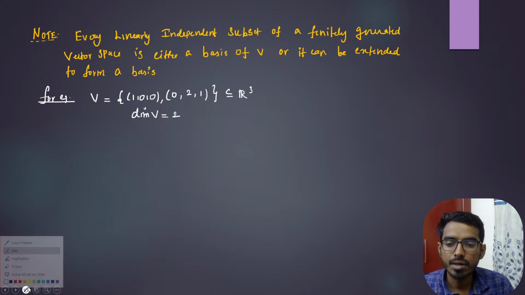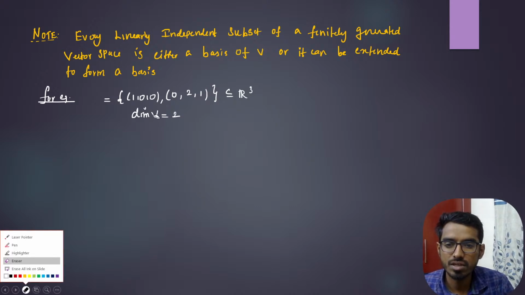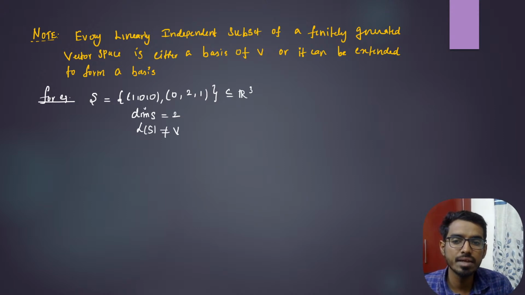But let us consider S. The linear span of S is not equal to V, because the linear span will cover only two dimensions. It has dimension 2, but V has dimension 3. So even though it is linearly independent, it is not a basis because the dimension is not matching.